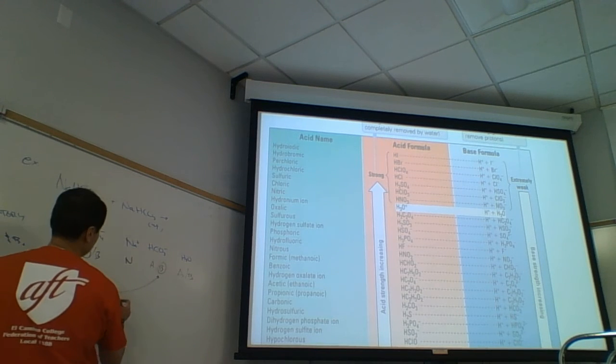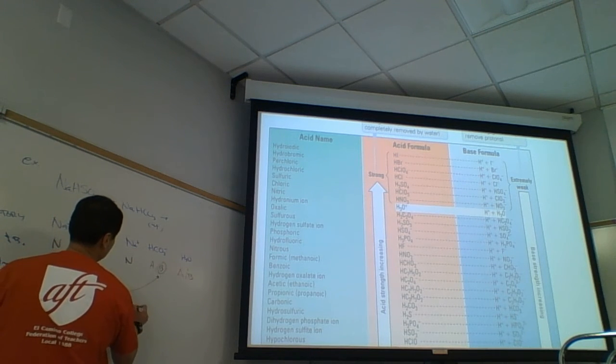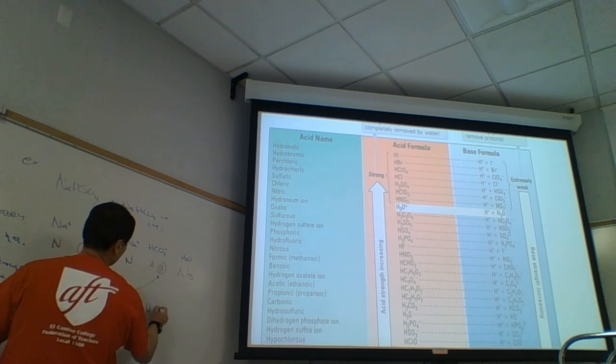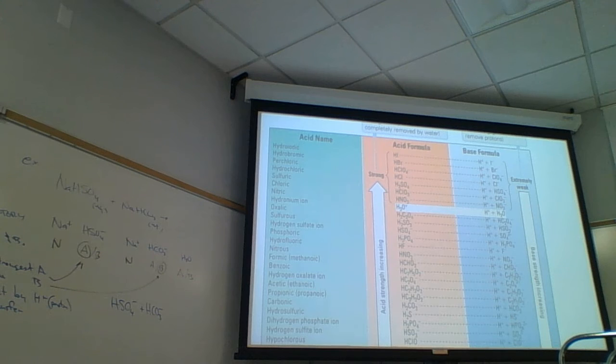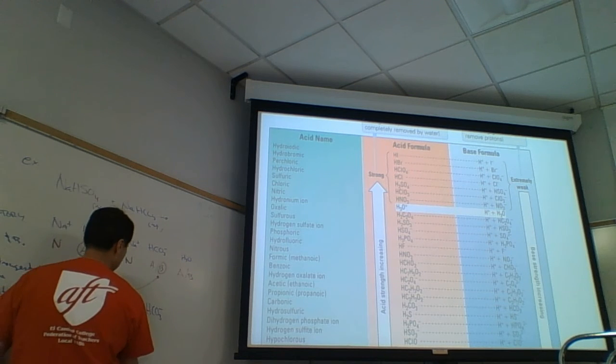So what we're going to get is this, HSO4 minus plus HCO3 minus. Who loses the proton? The acid. Well, which one's the acid? HSO4 minus. So this is the acid, this is the base.